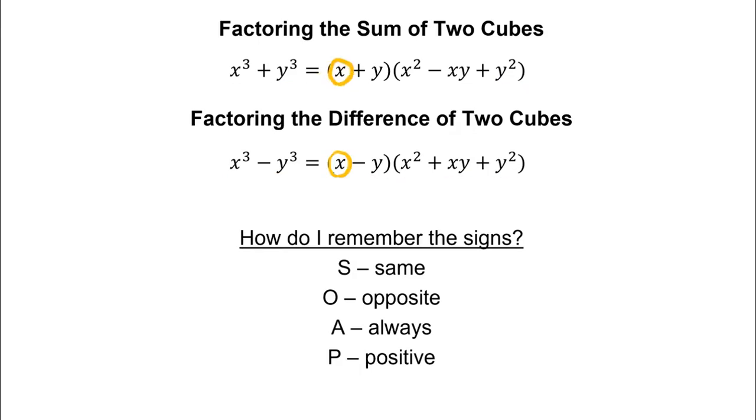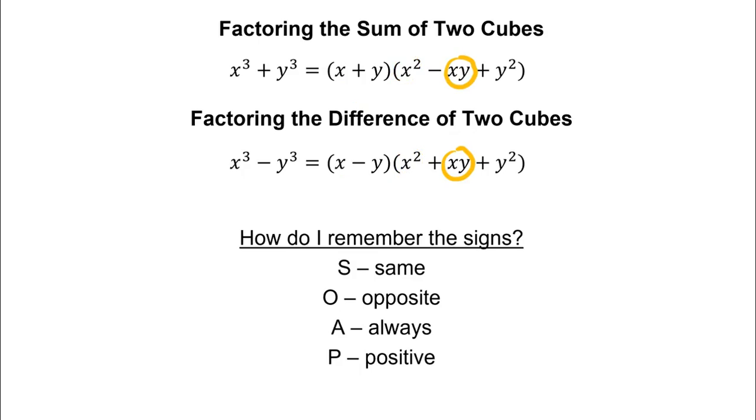The first term in the binomial factor for each of them is the cube root of the x cubed. The second term in the binomial factor is y, which is the cube root of the y cubed. The first term in the trinomial factor is x squared, which is the square of the first term in the binomial factor.